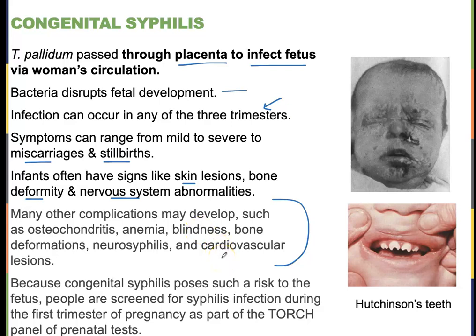And because congenital syphilis is such a risk, everybody is screened for syphilis when you're pregnant, if you have healthcare, if you can make it to the doctor. One interesting hallmark of the congenital form of syphilis is Hutchinson's teeth. So you have this rounded look to the two front teeth.